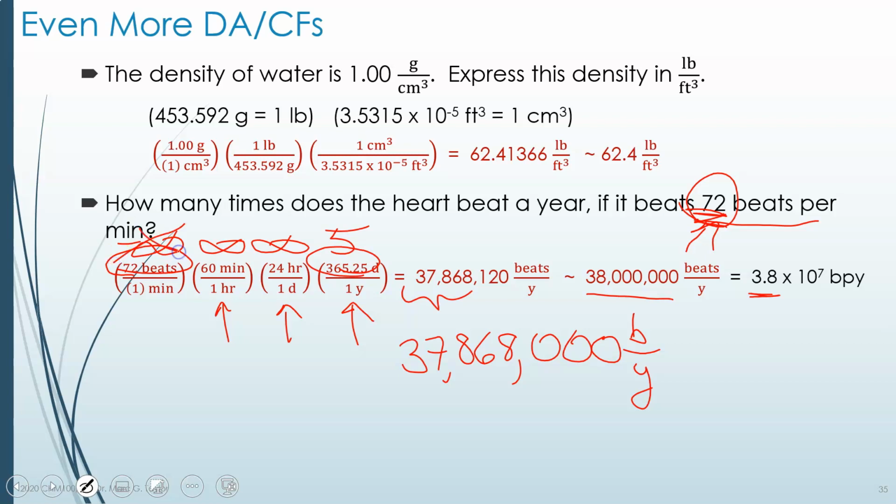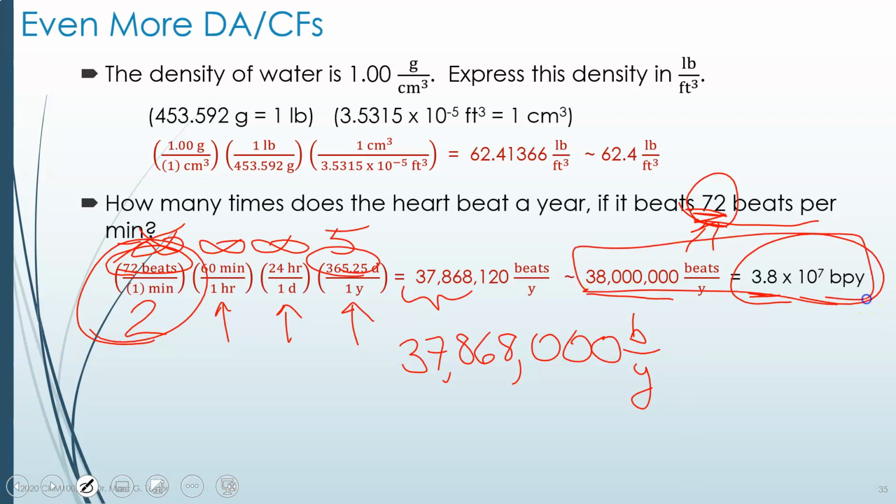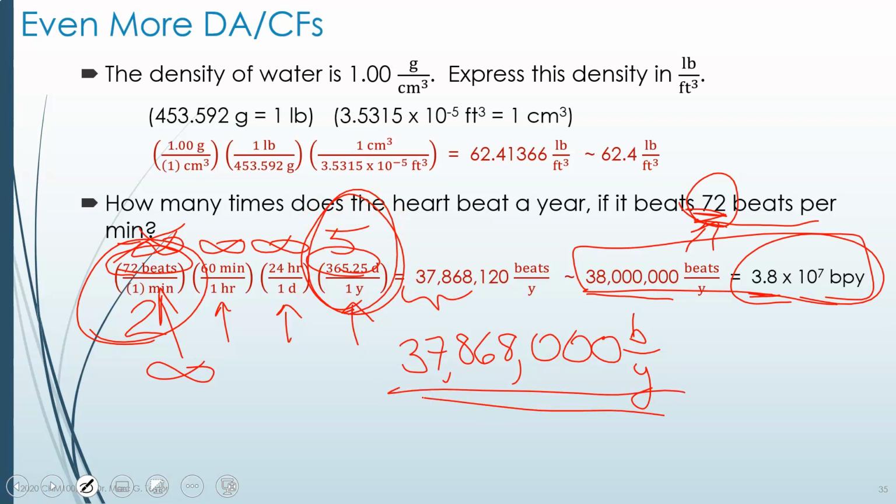If the 72 is approximate, this becomes 2 sig figs, and 2 would be the least, and that's the number we would use here. So I know it's a little confusing. If this is 2 sig figs, in other words, it's estimated, our answer should be in 2 sig figs. But if our number was counted exactly, that's infinite sig figs, and our limiting factor here is the 5 sig figs, and this would be our answer. I know that was a little confusing.